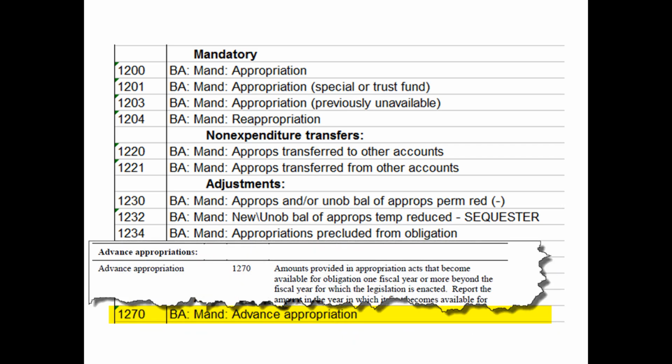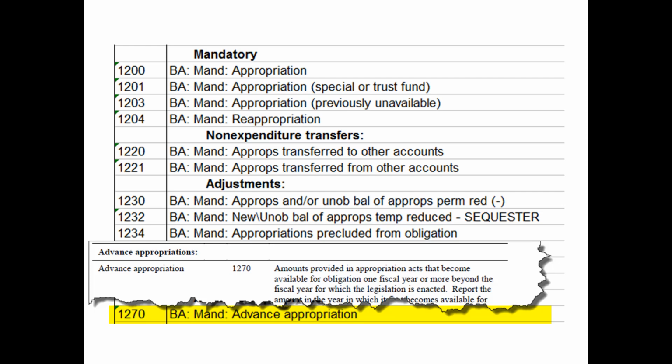Line 1270 is for mandatory advance appropriations and is defined as amounts provided in appropriation acts that become available for obligation one fiscal year or more beyond the fiscal year for which the legislation is enacted. Only Medicaid, child support enforcement, and foster care have advance appropriations.